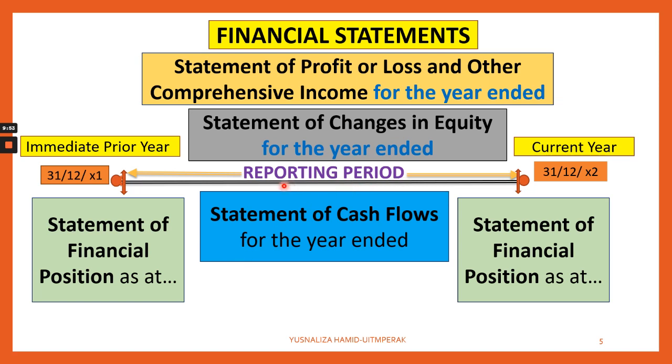But in our case today, our focus is for the annual financial statement. So it is going to be prepared for 1 whole year, starting from 1st of January 2000x2, the beginning of the current year, and ending on 31st of December 2000x2.